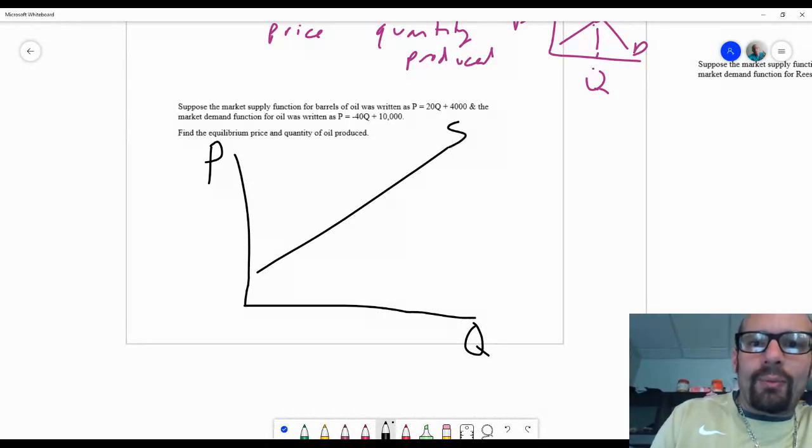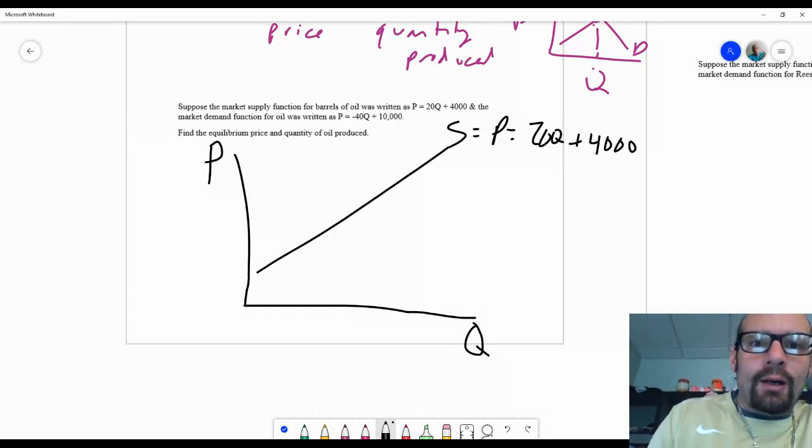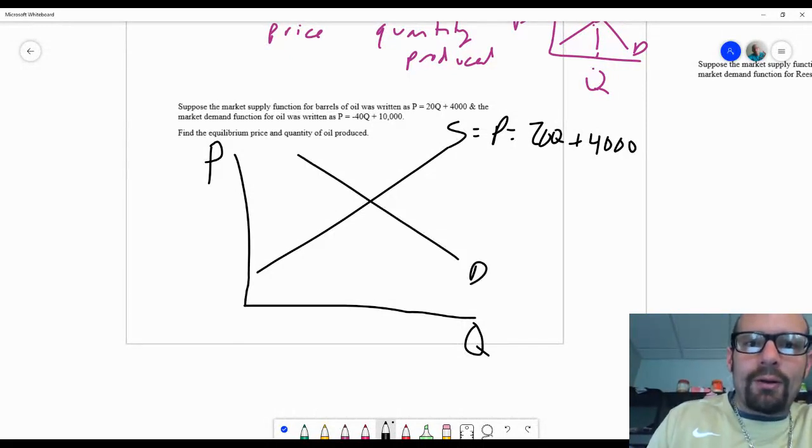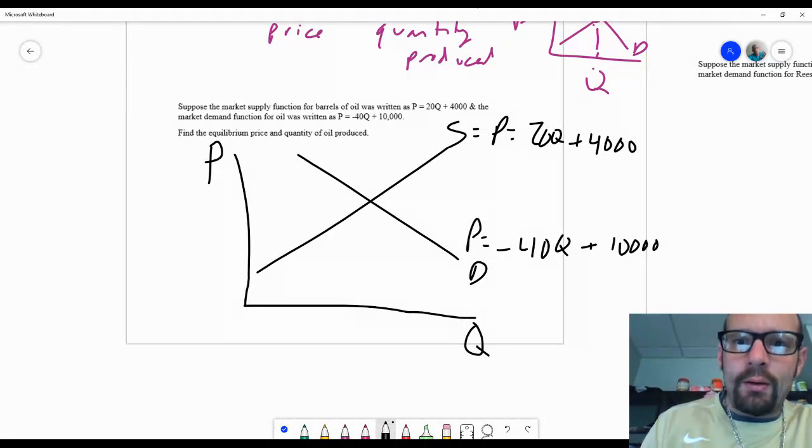So that's our supply function: P equals 20Q plus 4,000. And our demand function coming down here is negative 40Q plus 10,000.